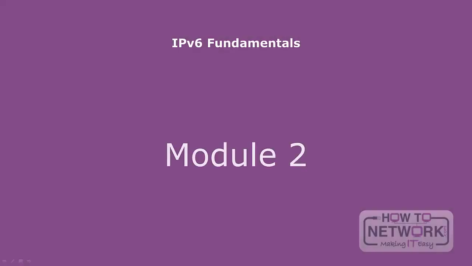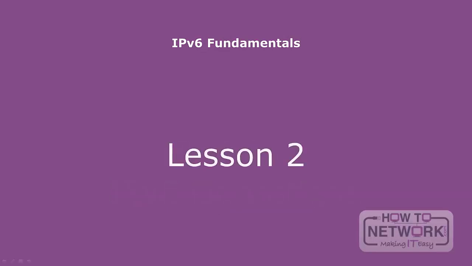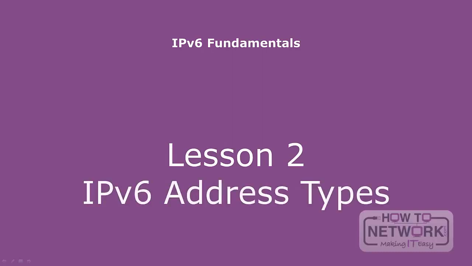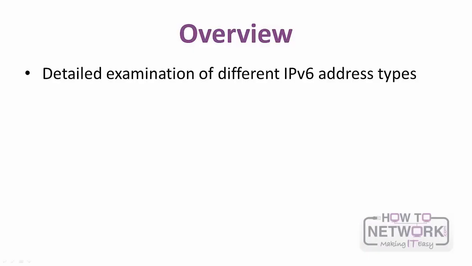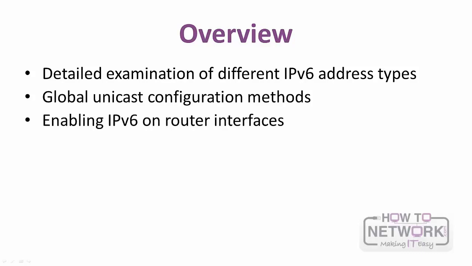Welcome to Module 2, IPv6 Operations. In the second lesson of this module, you will learn more about IPv6 address types. This lesson examines the different types of IPv6 addresses in detail. Global unicast configuration methods, both manual and dynamic, are described. It explains and provides examples of enabling IPv6 on router interfaces using various methods.